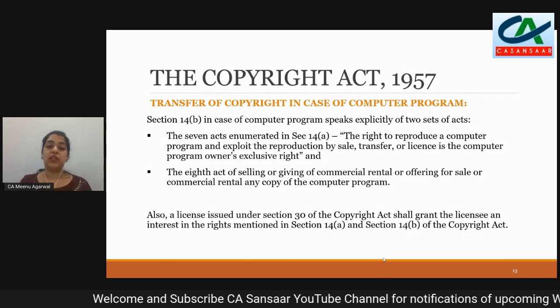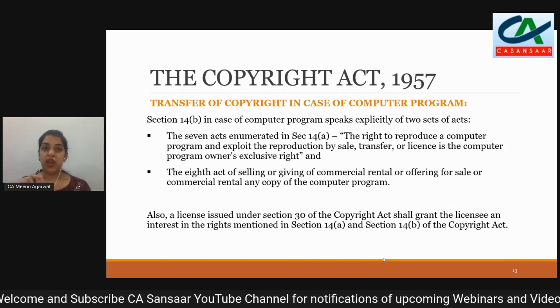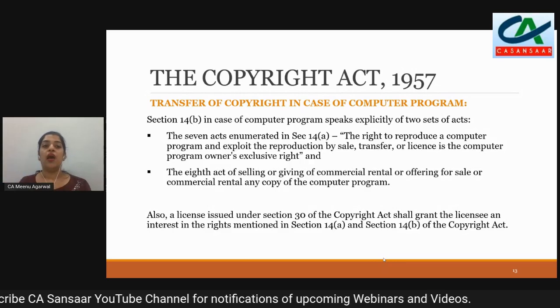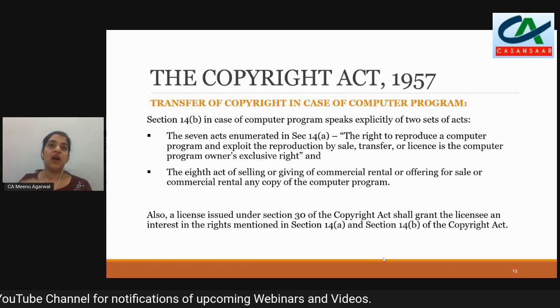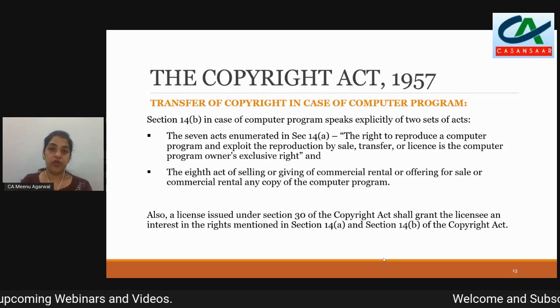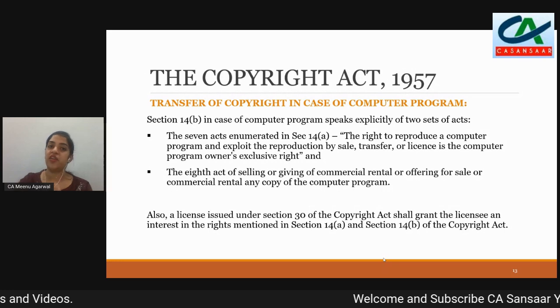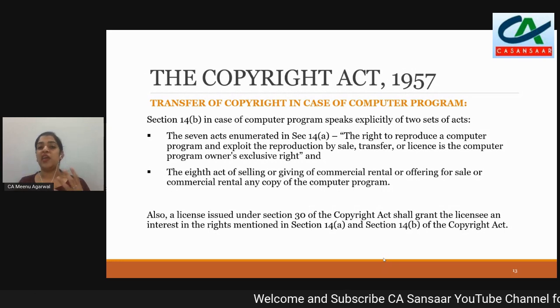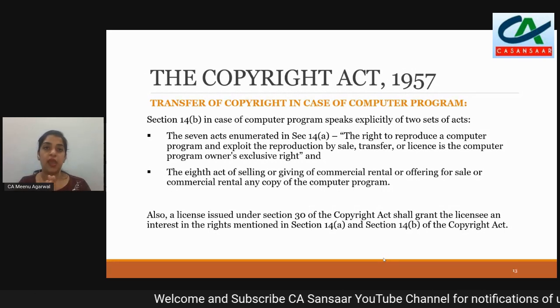So there are certain rights specified in Section 14A. If those rights are available in the transfer of the computer software, then it will be treated as a transfer of copyright. What are the rights mentioned in Section 14A?